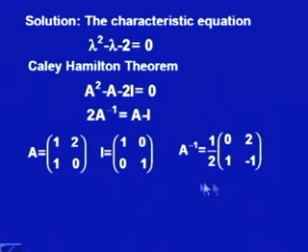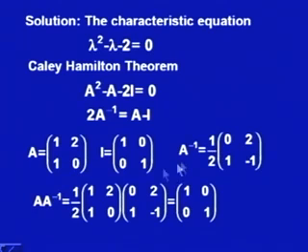So this is A inverse. Let us verify that we have got the right result. A into A inverse is equal to half into [[1, 2], [1, 0]] multiplied by the inverse [[0, 2], [1, -1]] is equal to [[1, 0], [0, 1]]. So A times A inverse comes out to be identity.